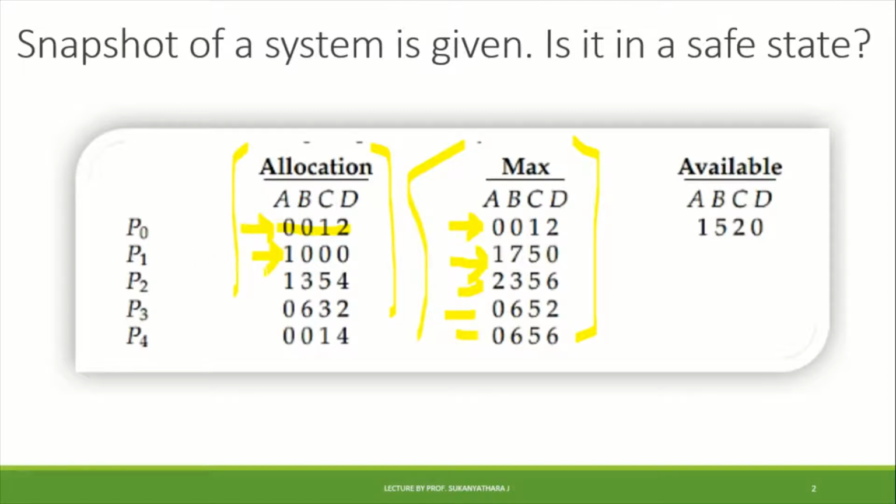The allocation is for A, B, C and D resource types: 1, 0, 0, 0 are the instances currently allocated to process P1.